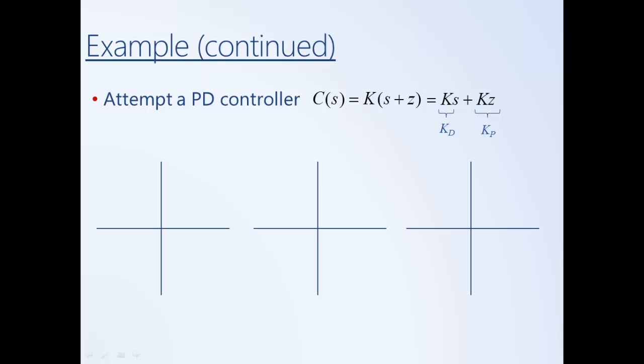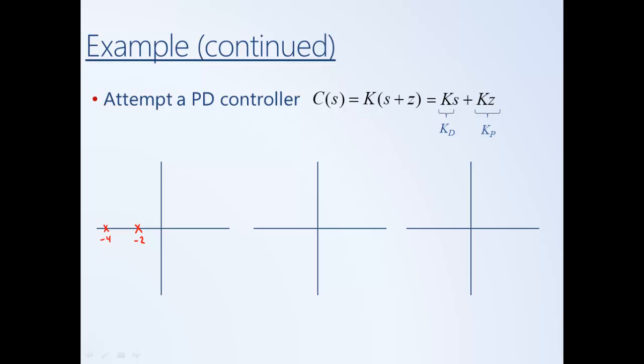Looking back at our original system, we had poles at -2 and -4 from our plant. Based on that, here we're adding a simple, real 0. And there are basically three distinct choices for the location of that 0.